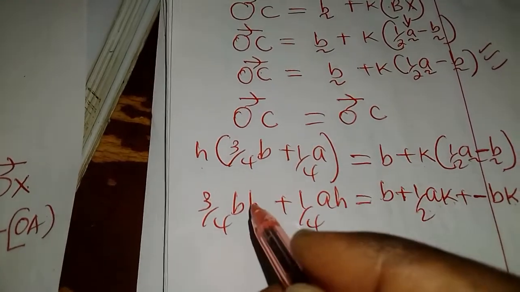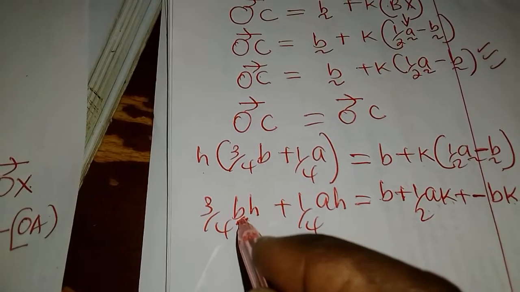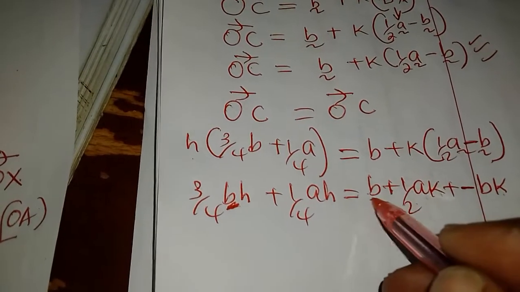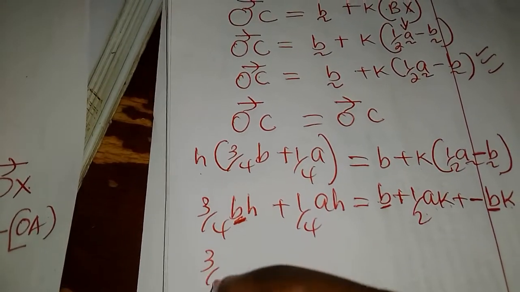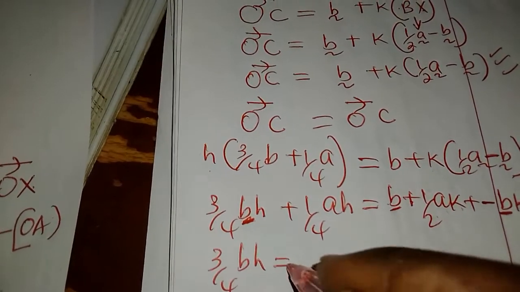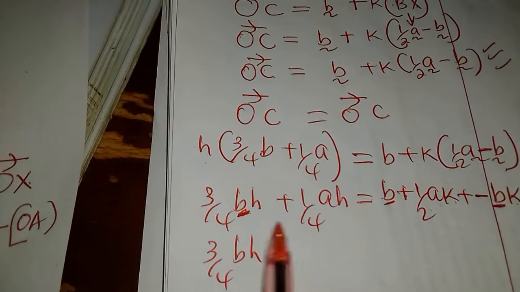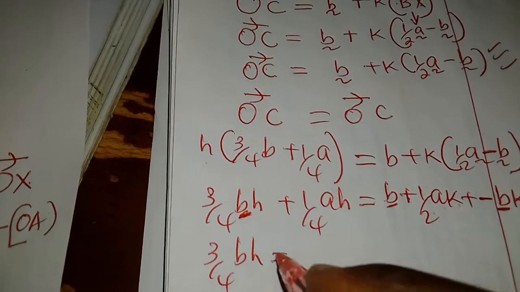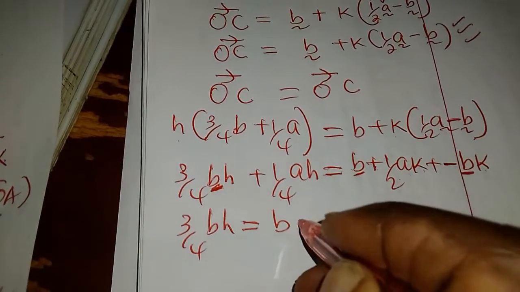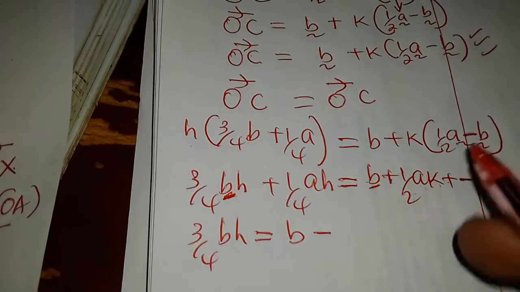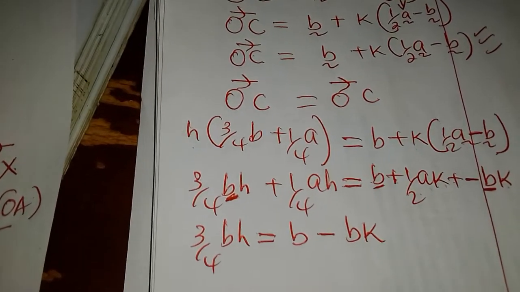The ones that have b on this side are joined to the ones that have b on the other side. So 3 over 4bh is equal to b minus bk.